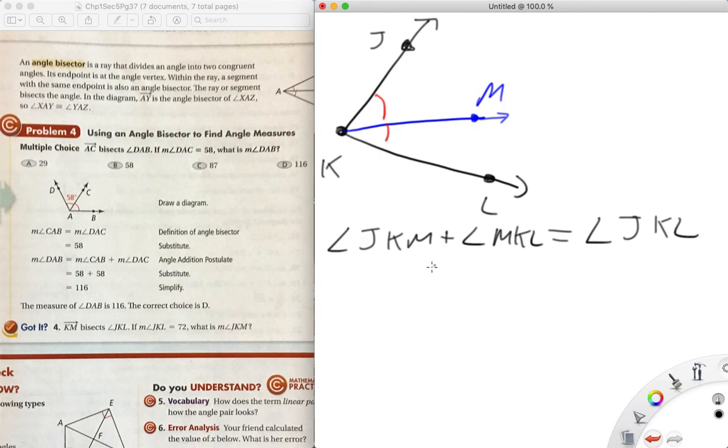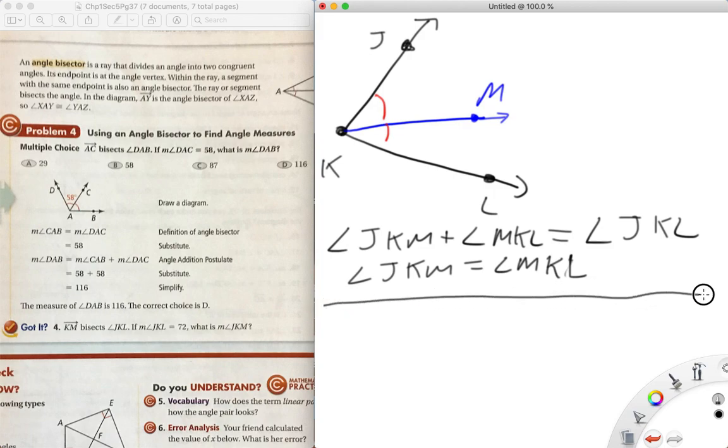I can also say that angle JKM is equal to angle MKL. These angles are the same. Absolutely the same. Okay. They said that the big angle JKL is 72 degrees. They want to know what the small angle is.